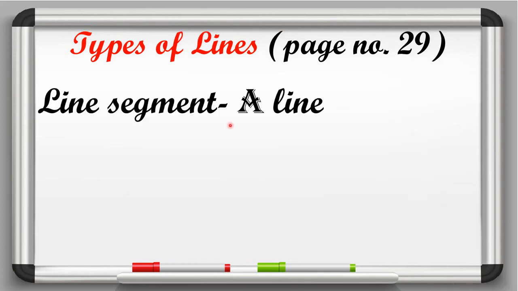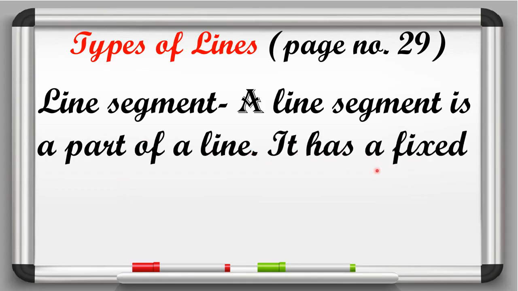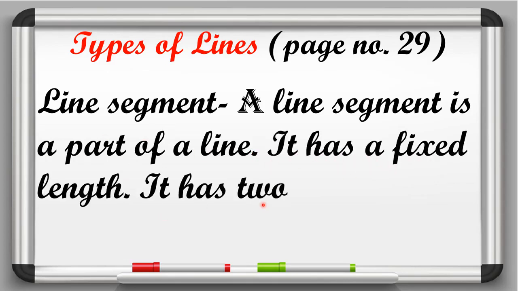Now line segment. A line segment is a part of a line. It has a fixed length. It has two endpoints. What is a line segment, beta? We read about the line. So what do you mean by line segment? A line segment is a part of a line.